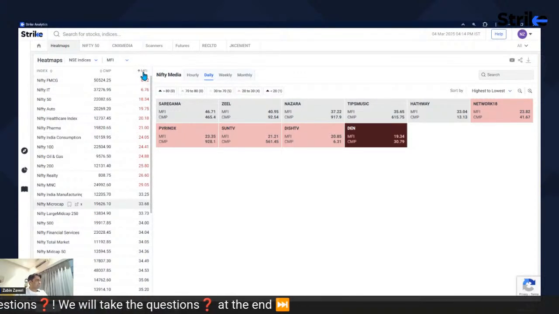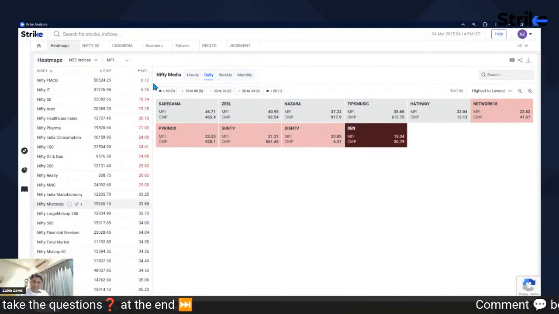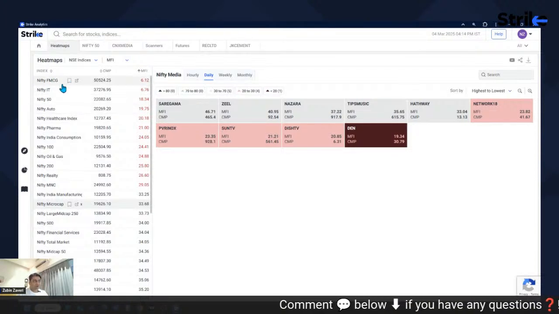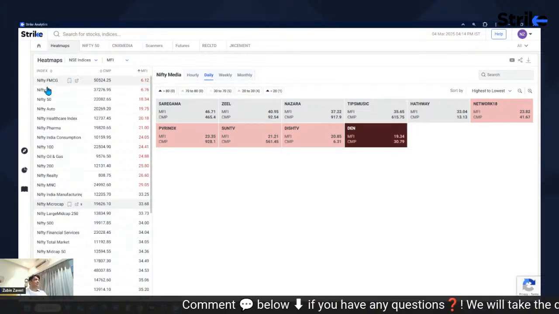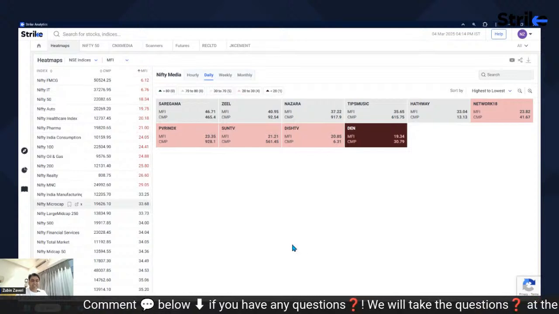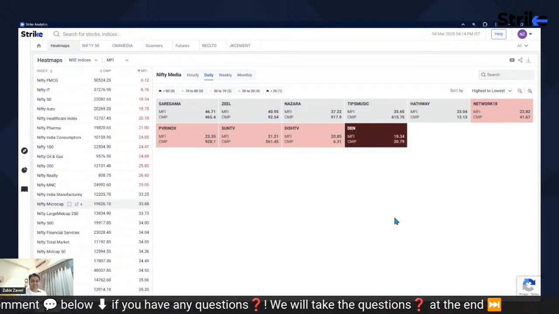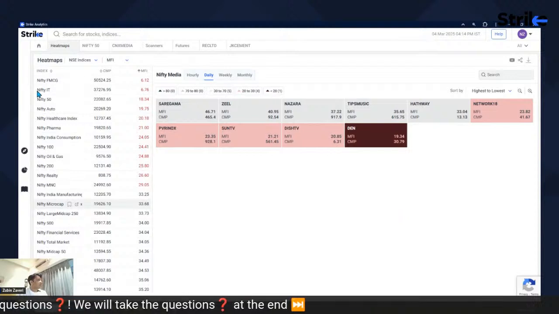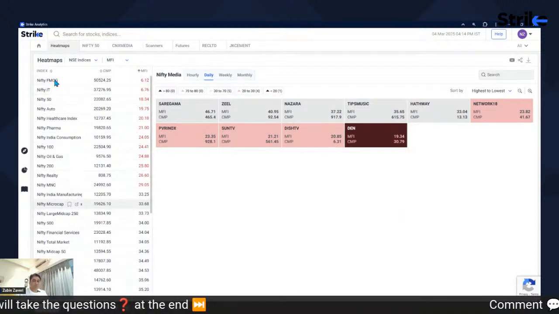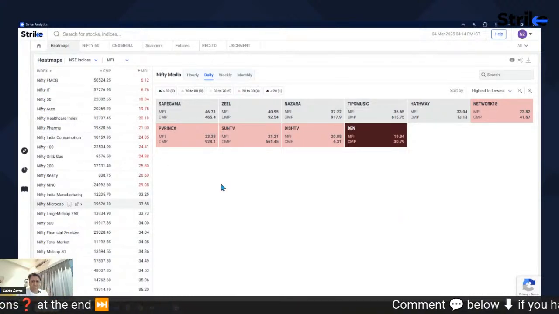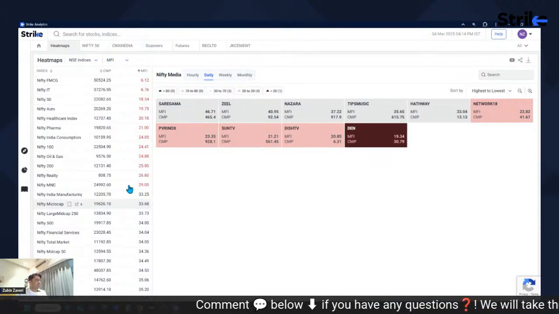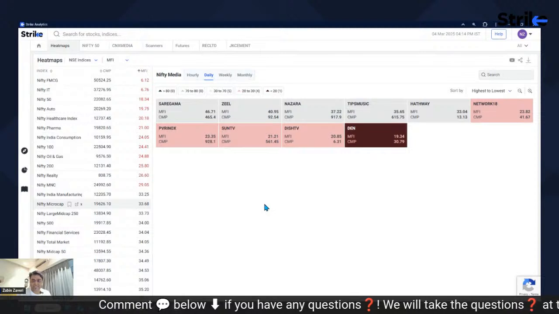IT and FMCG's MFI is just 6, so it is highly oversold. All right, so a possible bounce back is there, and if there is a bounce back, FMCG and IT are supposed to be seen. This is on a daily chart. So on a short term basis, maybe for tomorrow or the day after, these are the two which are completely oversold. It can bounce back. So this is how you can use various indicators in this heat maps.